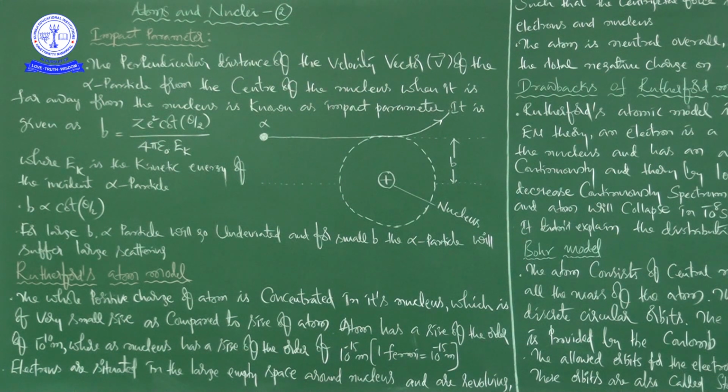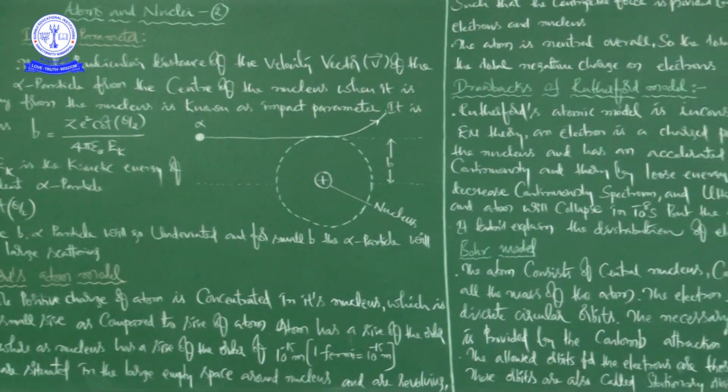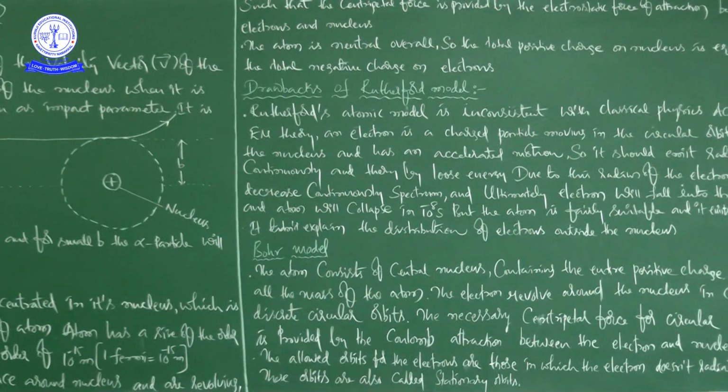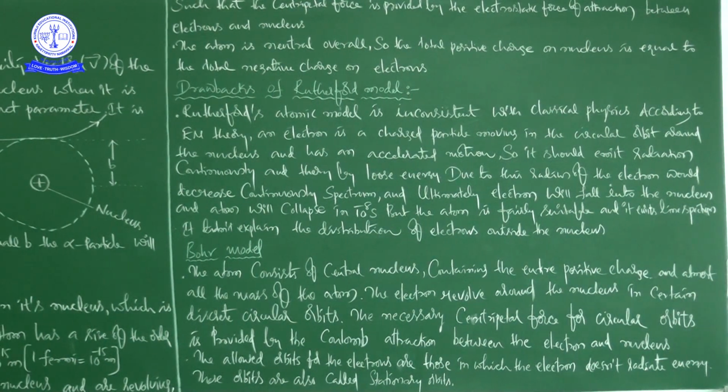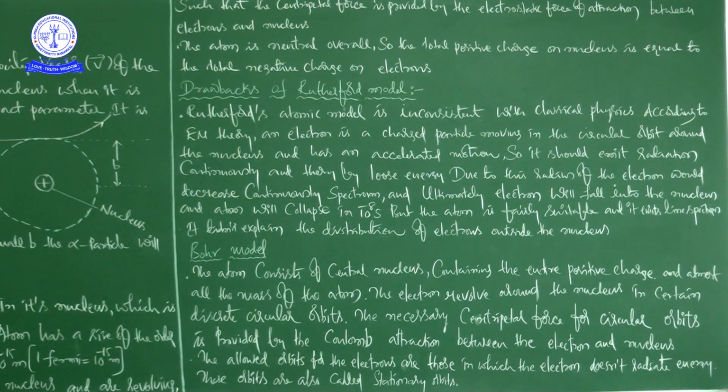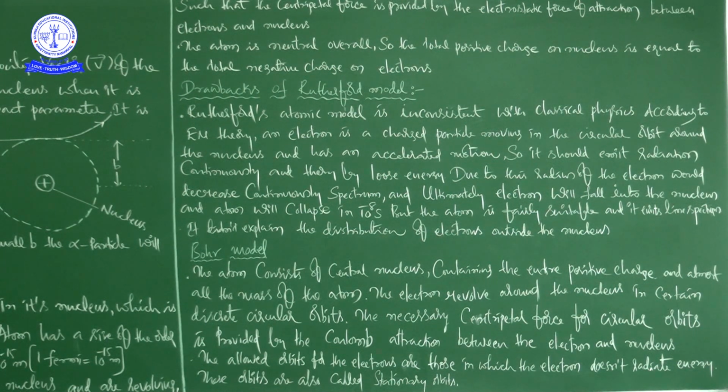What I am saying here is, electrons are situated in the large empty space around the nucleus and are revolving such that the centripetal force is provided by the electrostatic force of attraction between electrons and nucleus.